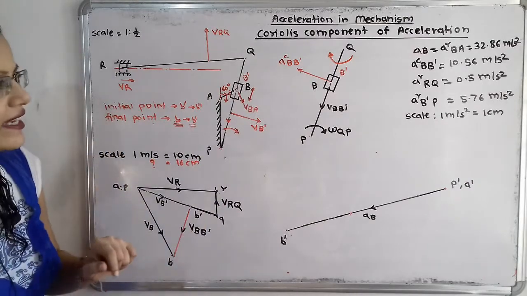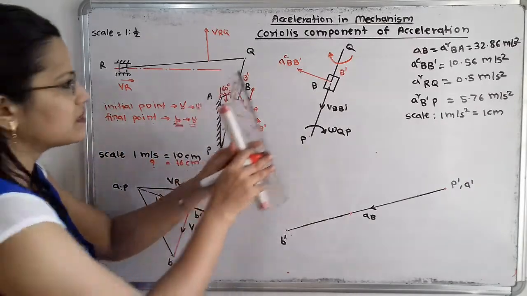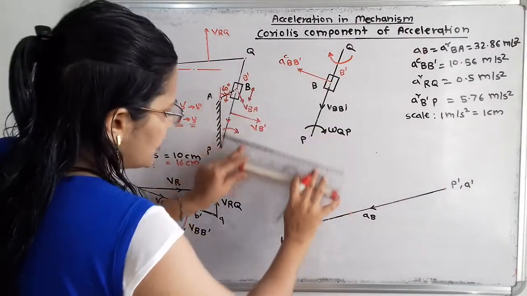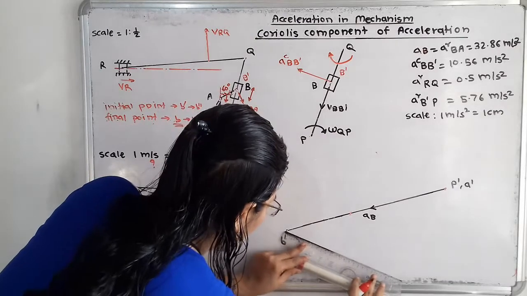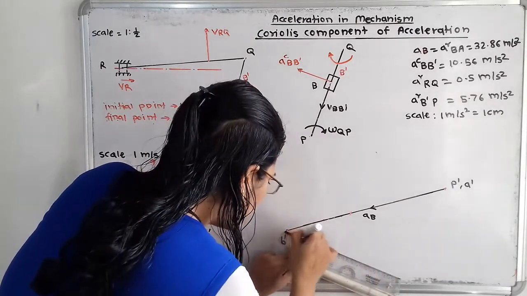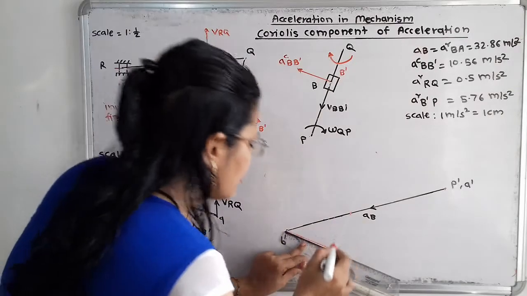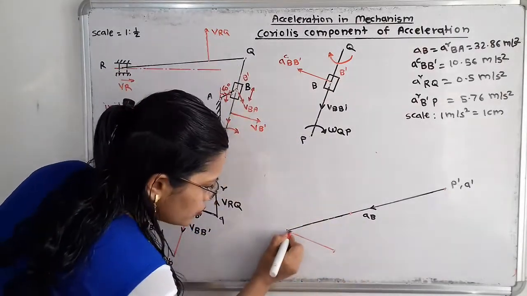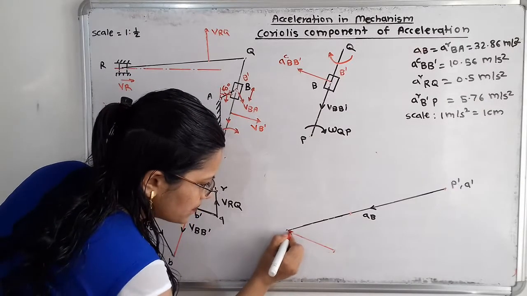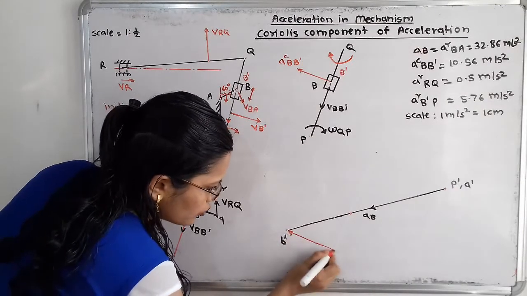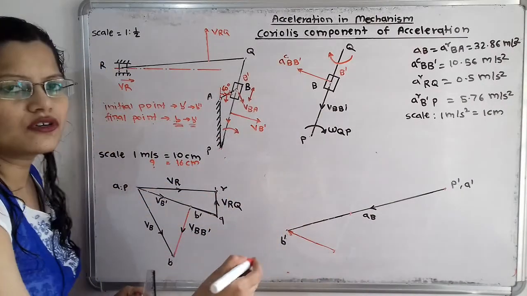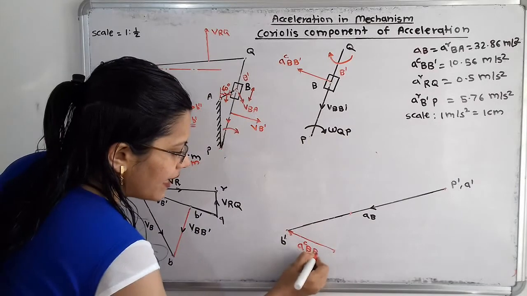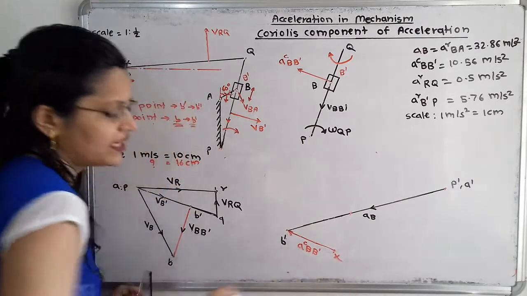So I will take a line parallel to this Coriolis component of acceleration, and I will draw one line. And what is the magnitude? The magnitude is also calculated, that is 10.5 centimeter, and the arrow is towards B dash because B is the final point. So this is the Coriolis component of acceleration. So I will say AC B dash, and here we will give a point X.